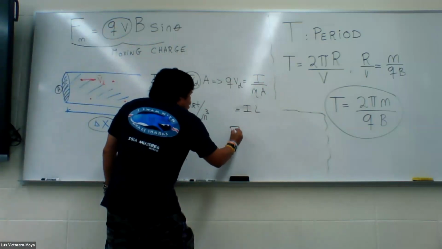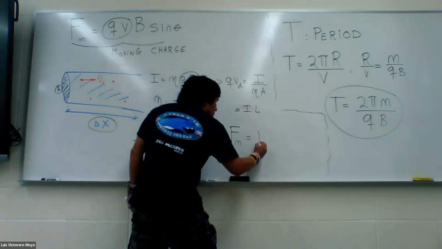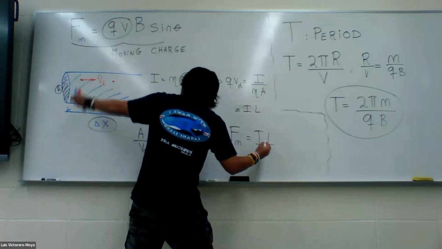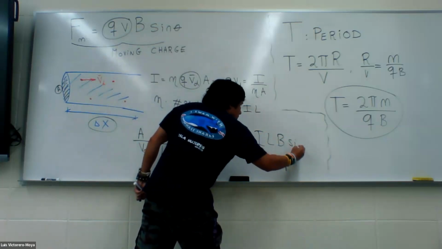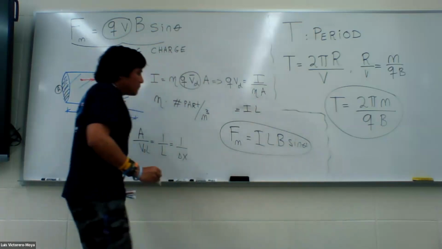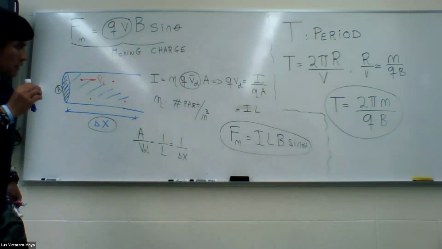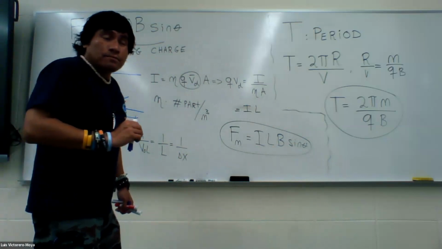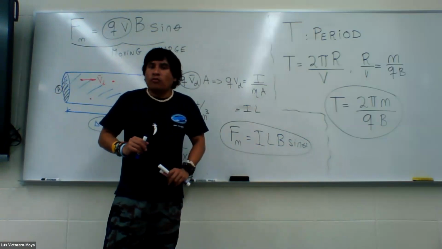And the magnetic force will be I L B sine theta, which is the equation that you had on the slides. So now, for a current wire, that's the equation for the magnetic force.